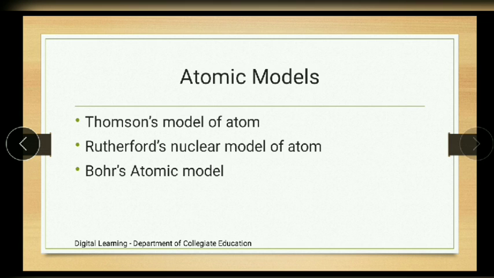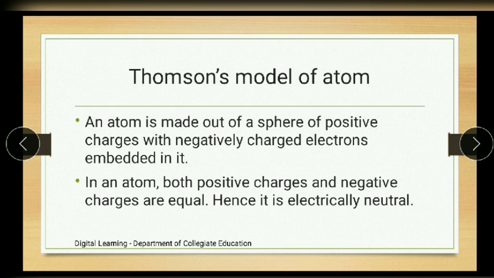Coming to the first one, Thomson's model of the atom. This is also known as the plum pudding model. According to this model, an atom is made of a sphere of positive charge with negatively charged electrons embedded in it, like plums in a pudding.